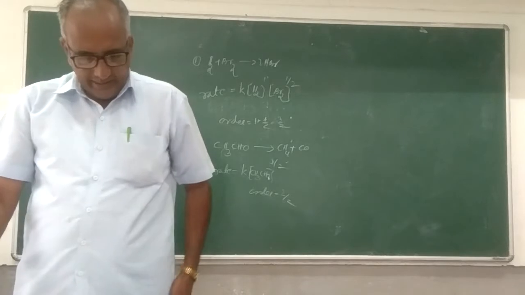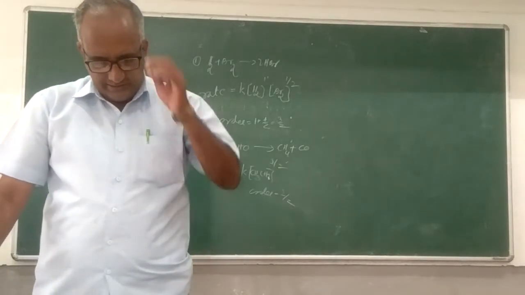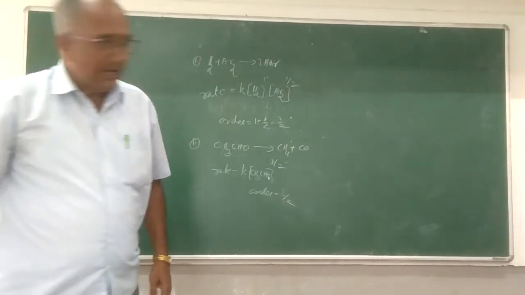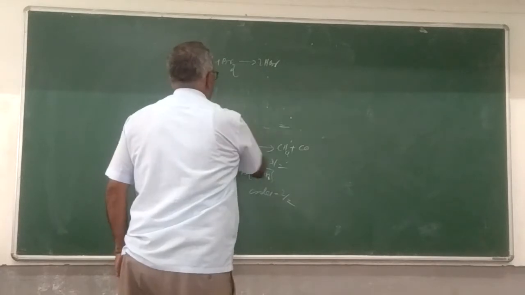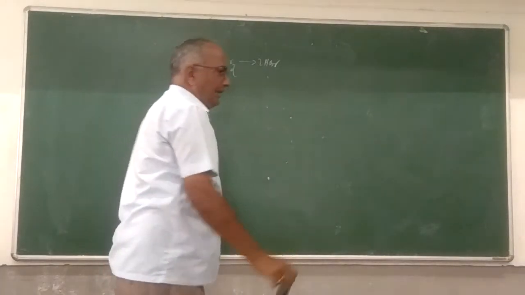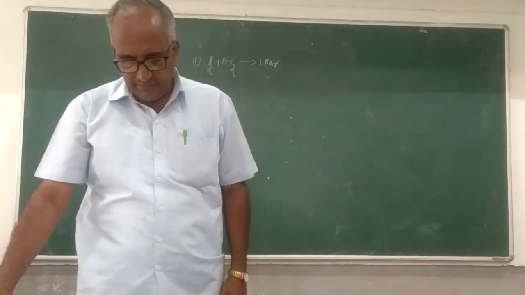In an elementary reaction, the experimental equation is the same as the theoretical equation. So if the reaction takes place in only one step, the order is equal to that of the experimentally determined theoretical equation.